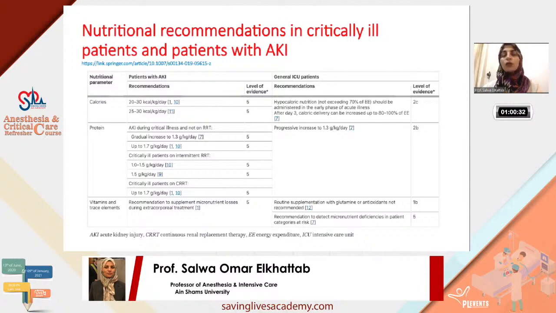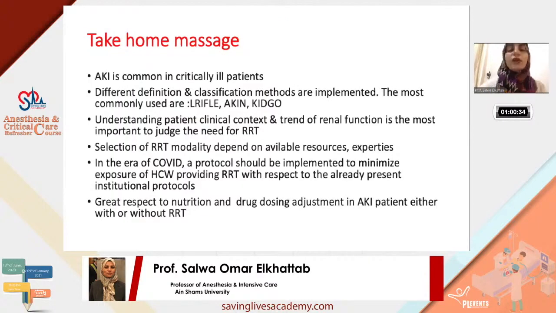This is our topic today. I'm thinking it's very, very big to cover everything in one lecture. But at least we have some messages to take home: acute kidney injury is a common presentation in our patients. The difference in definition and the risk stratification system puts us in a dilemma.